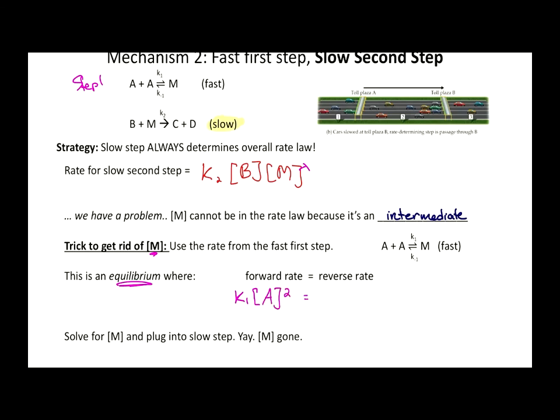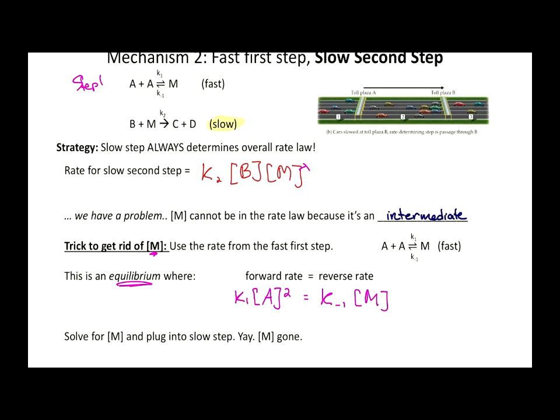Great. Now tell me the rate law for the reverse reaction. In the reverse reaction, the products are now your reactants. So the reverse rate constant is not k1 but k negative 1, because it's the reverse reaction. Then multiplied by what? M. Great.